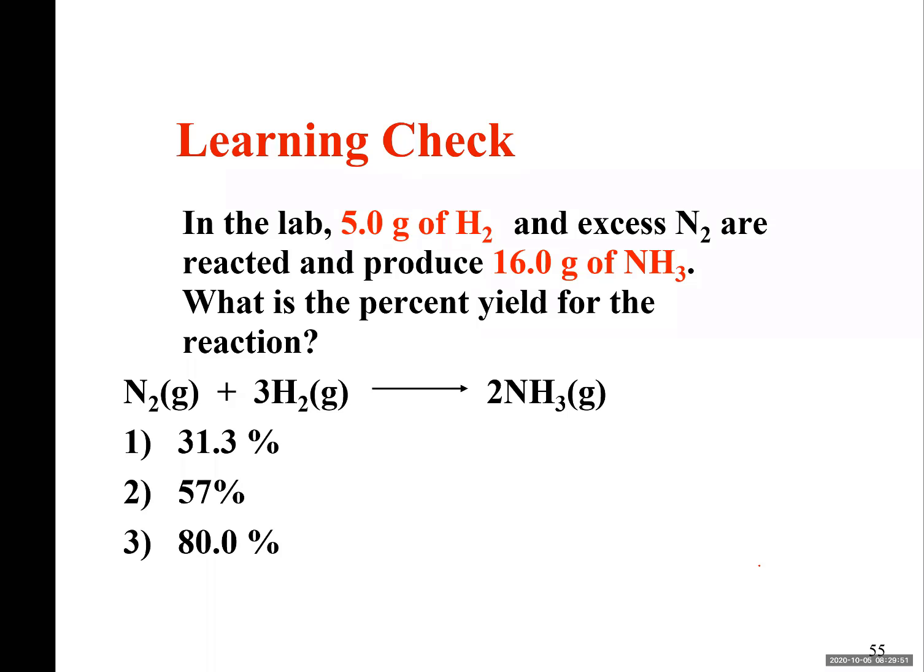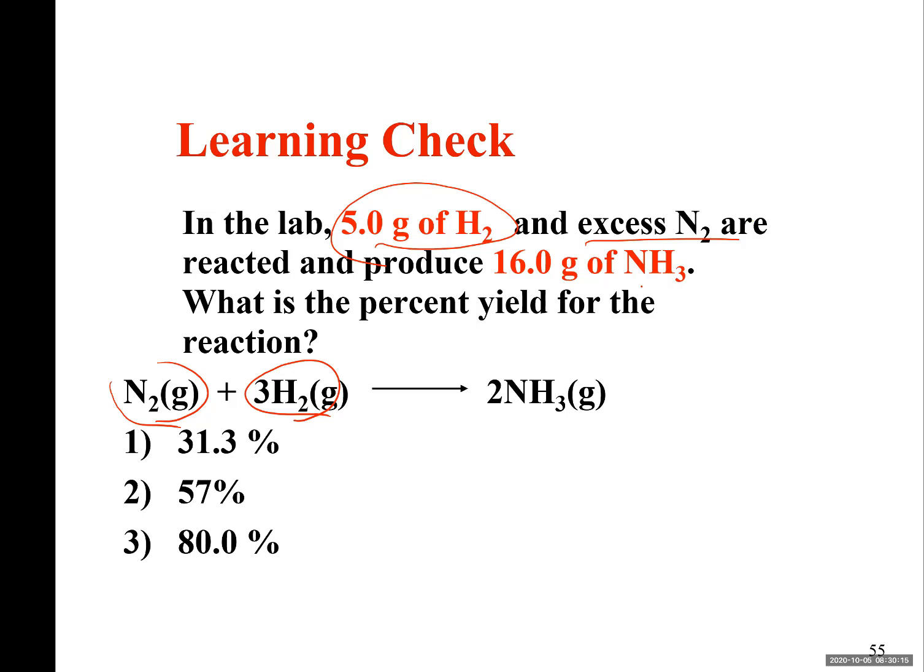So in this experiment, we are giving you grams of hydrogen. So we give you grams of hydrogen and excess nitrogen. So don't worry about the amount of nitrogen. You have as much as needed.